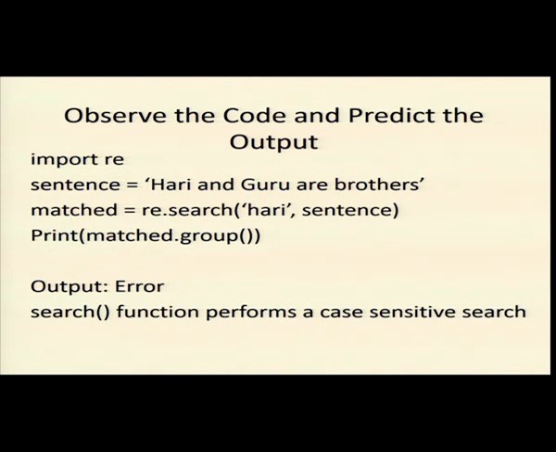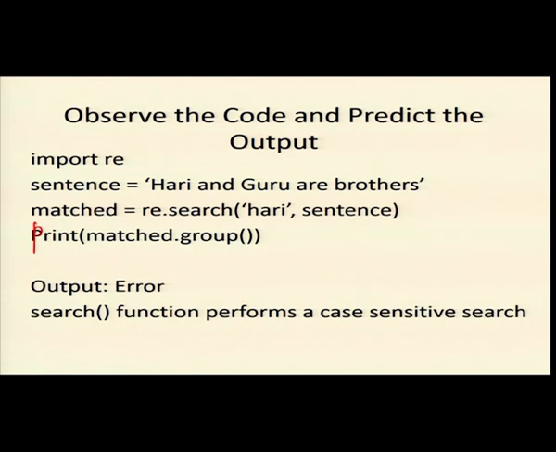Now, let us see this example here. Import re, sentence equal to "Hari and Guru are brothers" again, match equal to re.search("hari", sentence), print, here p is small p, print match.group(). What is the output that I will get?